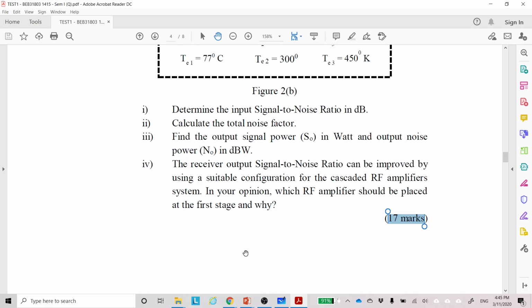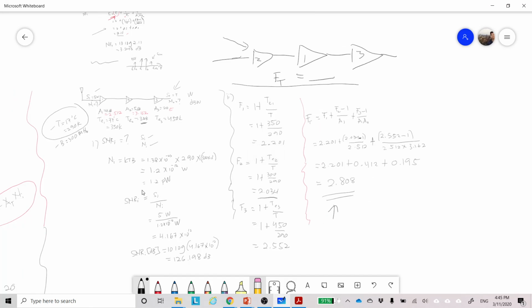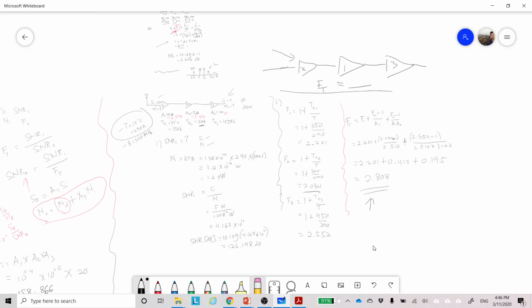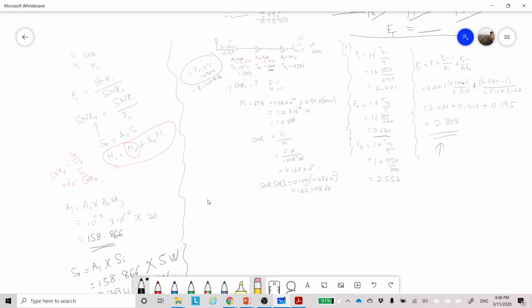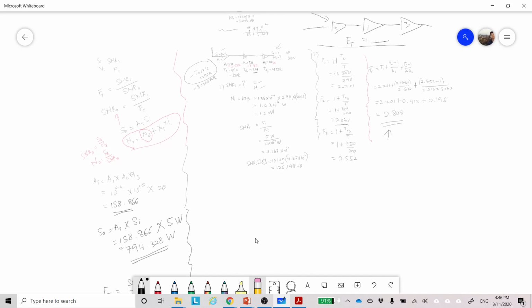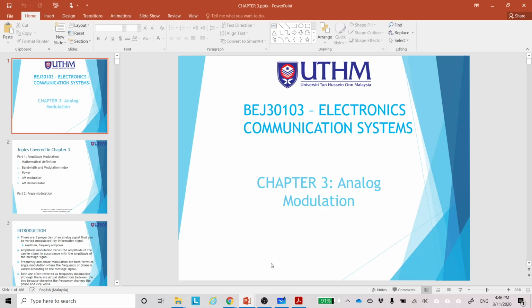Soalan yang tadi jalan kerja, ada soalan nak tanya? Betul tak ada? Kalau tak ada, saya masuk yang ni.